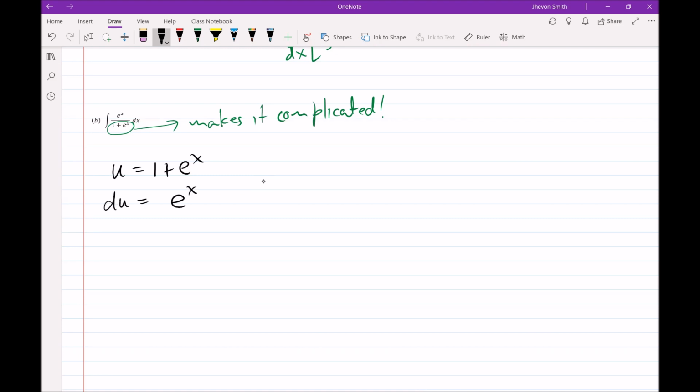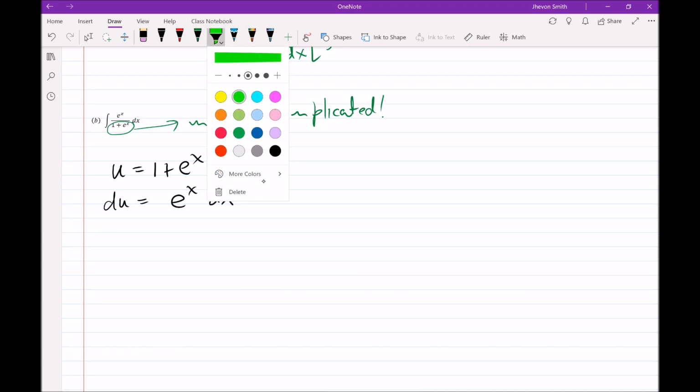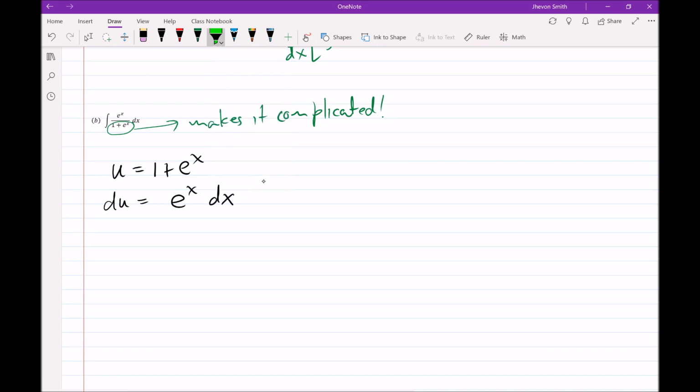The derivative of e to the x is e to the x, du dx. Now I'll notice here that I have e to the x dx, and in my original function, I have the e to the x dx right there. So my derivative is a factor somewhere else. So that tells me it's a good substitution.